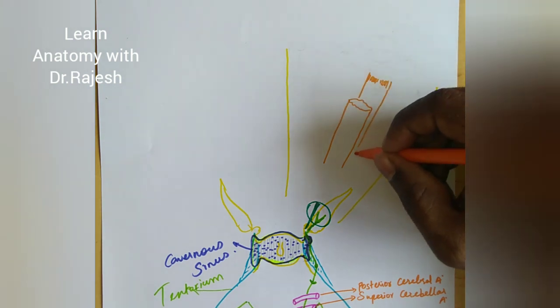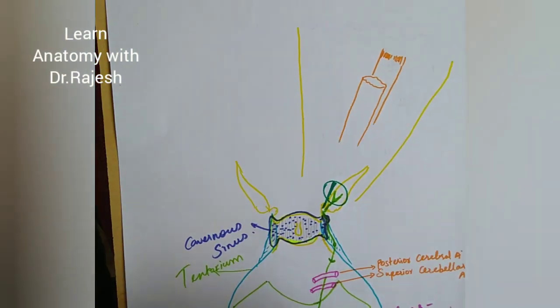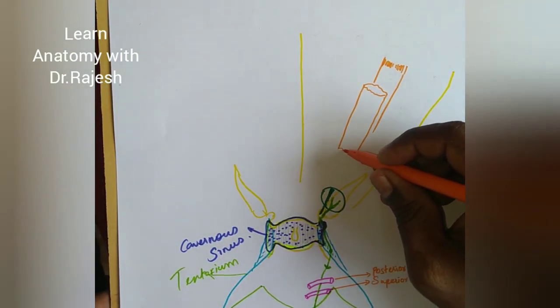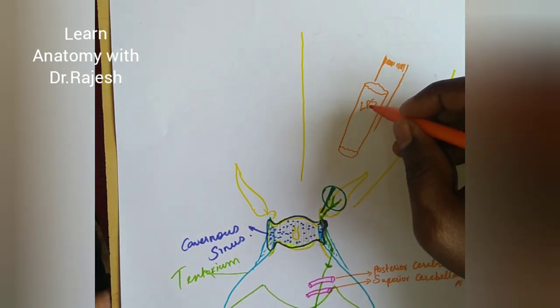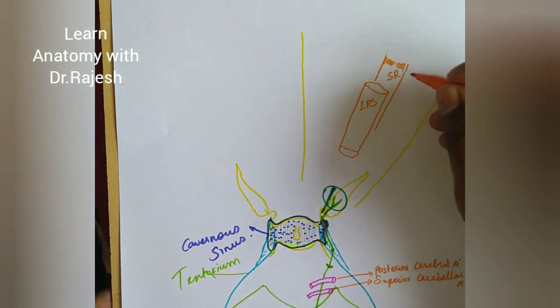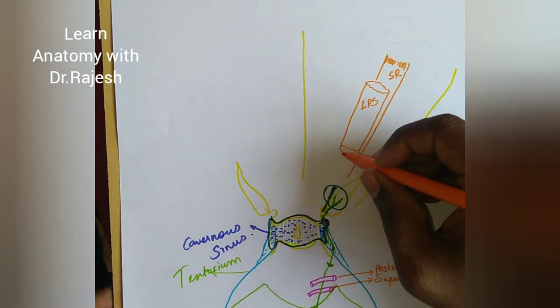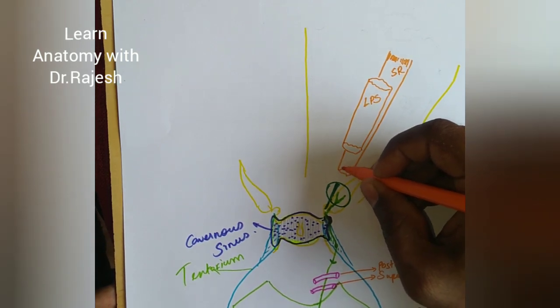This is the cut part of the levator palpebrae superioris, and the superior rectus is situated below it. This also will be cut here.